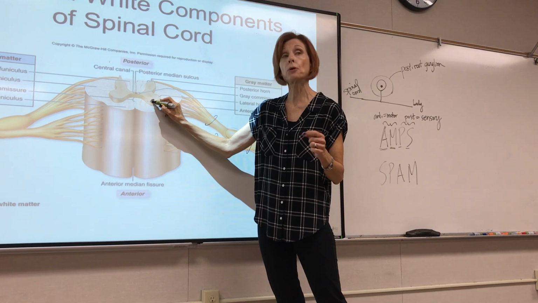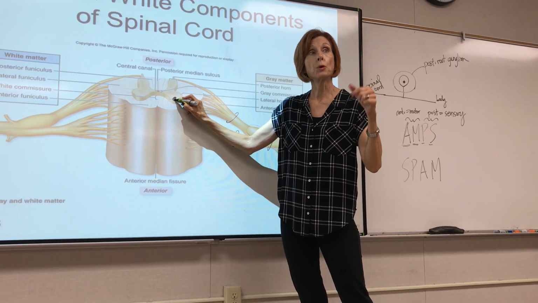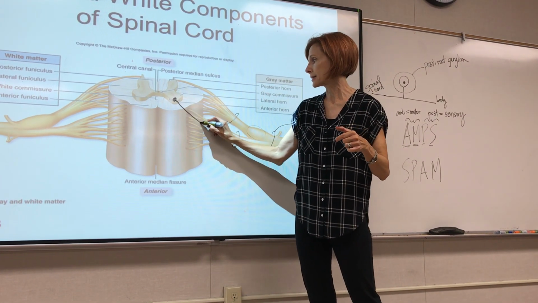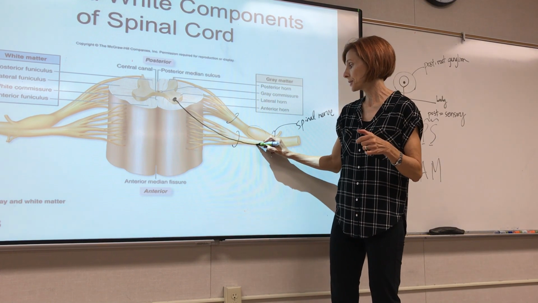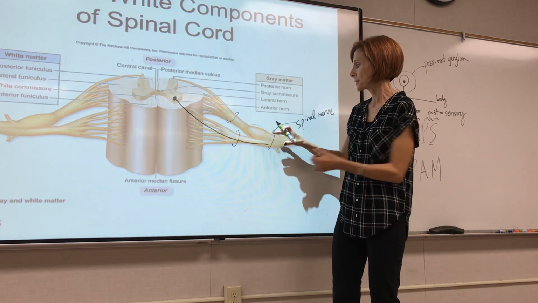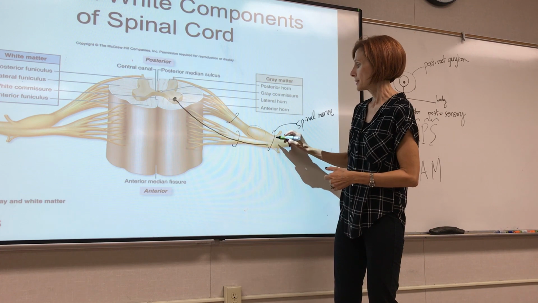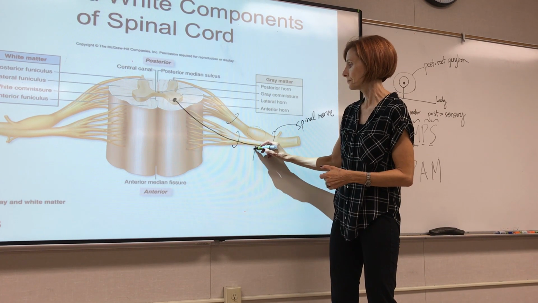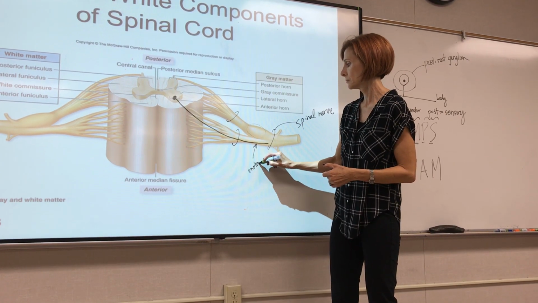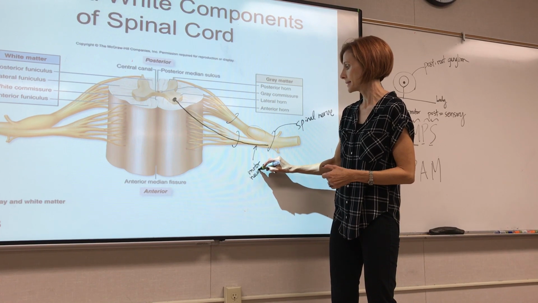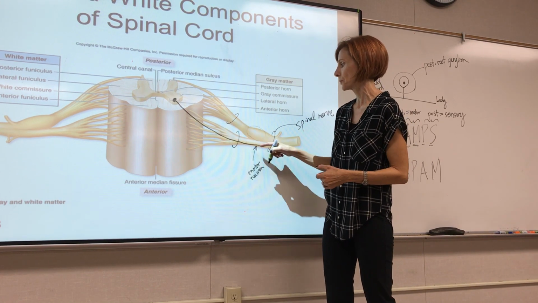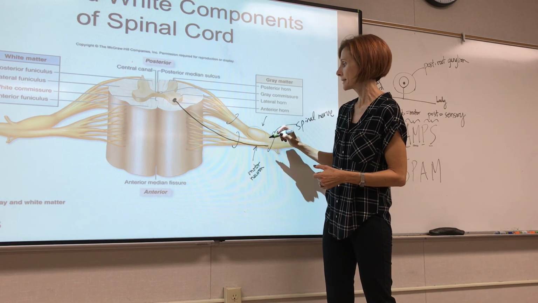So this is our multipolar motor neuron cell body, and the axon travels out on the anterior root, and then we have the two roots coming together here to form the spinal nerve. So here is our motor neuron. This is its axon, of course, but these are all motor, and this would be sensory.